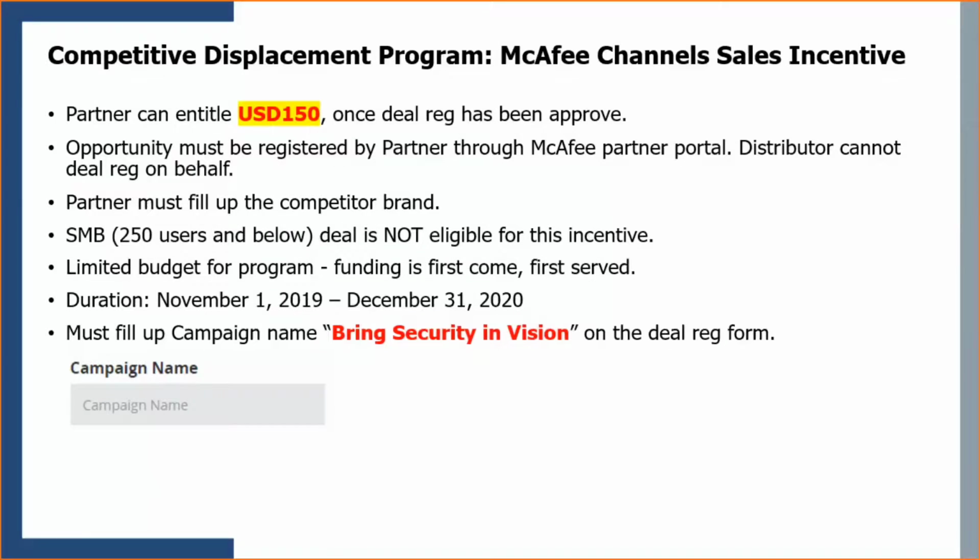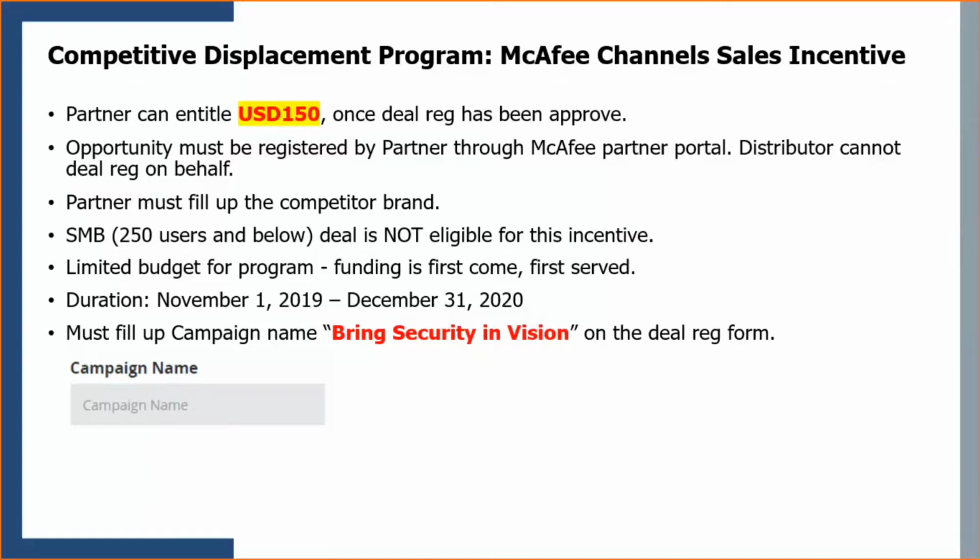Yeah. So there are some criteria that you have to take note of. The deal reg you have to submit yourself, which means the partner itself. The distributor cannot deal reg on your behalf. If the distributor submits the deal reg on your behalf, then this incentive will be disqualified. Partners must also fill in the competitive brand. The deal size has to be more than 250 users.